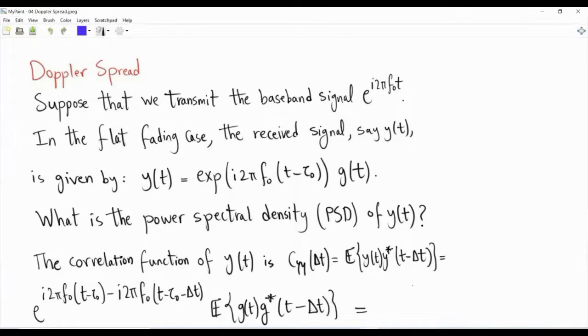So the coherence bandwidth of the channel is a statement about the channel gain in the frequency domain. Basically you ask, in the frequency domain, how is the channel gain at F1 and F2 related? And you ask this question regardless of mobility. Actually, when we studied the correlation in the frequency domain, we said v equal to 0.